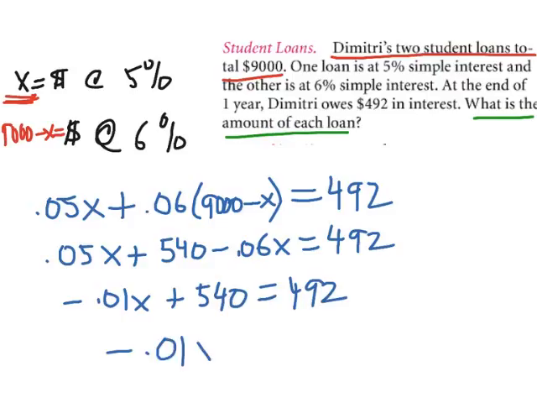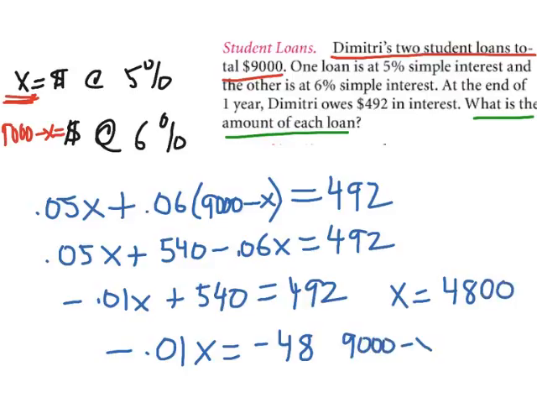Subtract 540 on both sides, minus 0.01x is 492 minus 540, minus 48. Divide by 0.01, x is 4,800. So 9,000 minus x is 4,200.